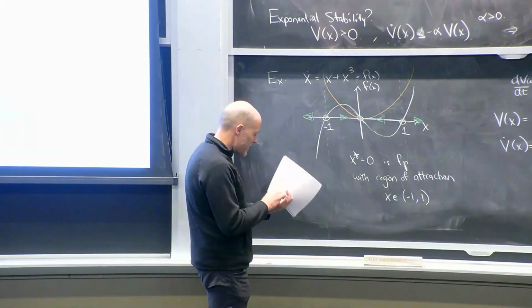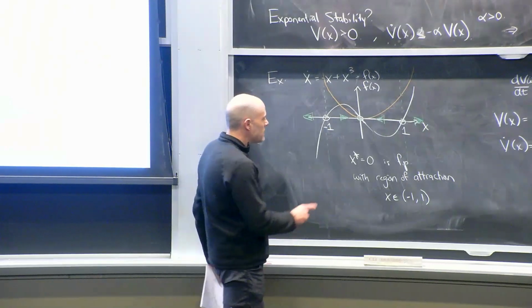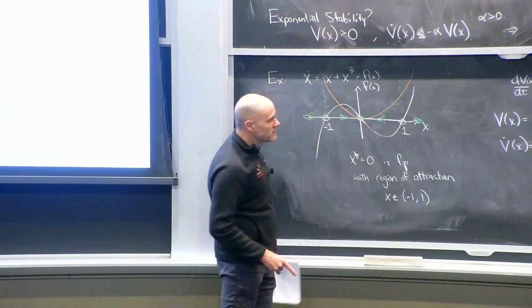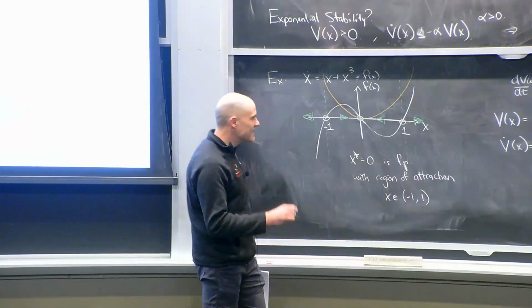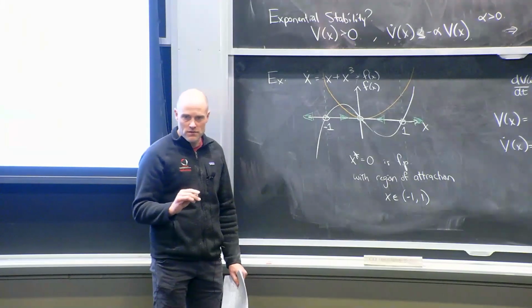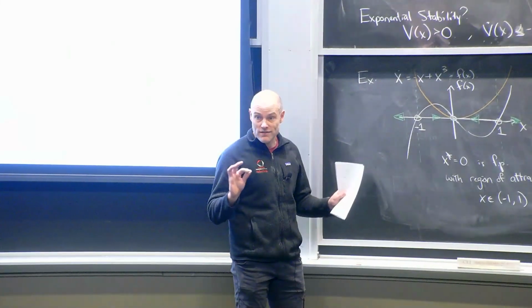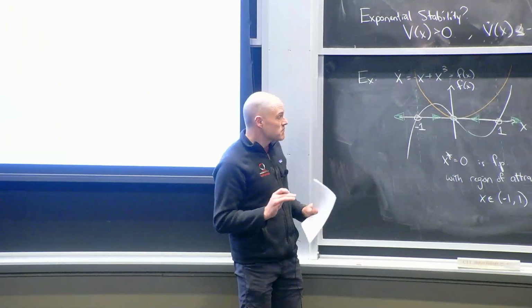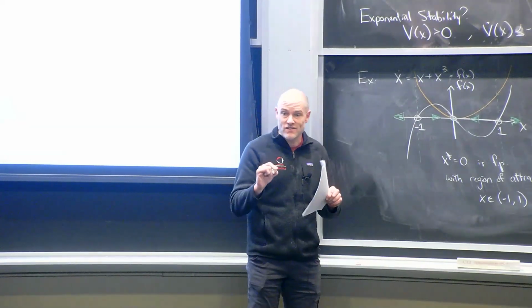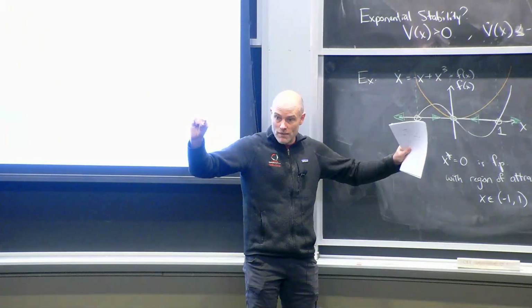Now, here's a key step. Any sub-level set, this is the argument we used already, any sub-level set of V is going to be an invariant set. It means that if I start inside that set, we know V is never going to go up.